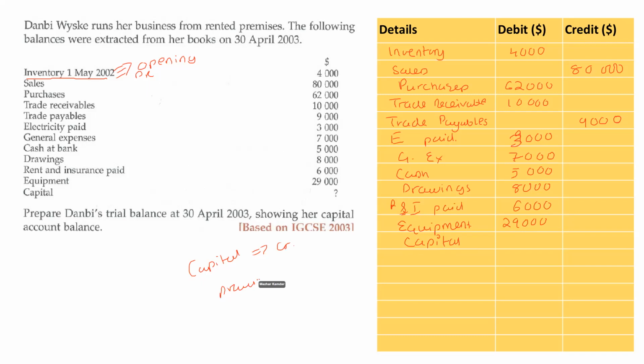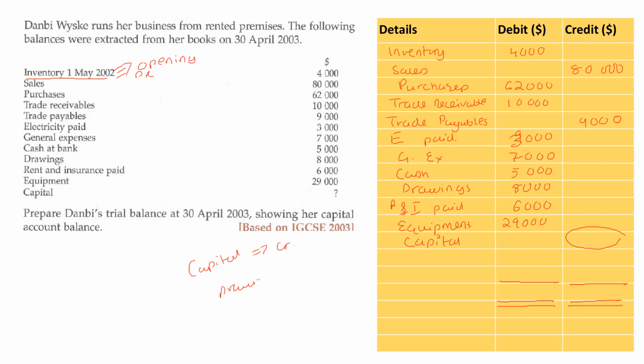So I have to find this. As discussed earlier, the total of the debit and the total of the credit always is the same in a trial balance if there are no errors. Let's do the total of the debit. We need to find capital as the balancing figure.